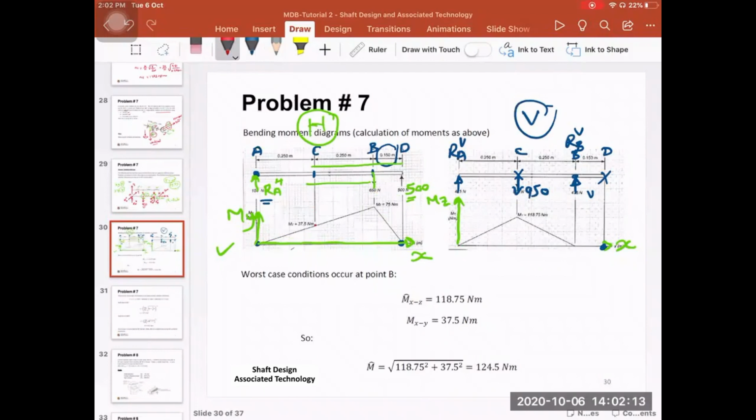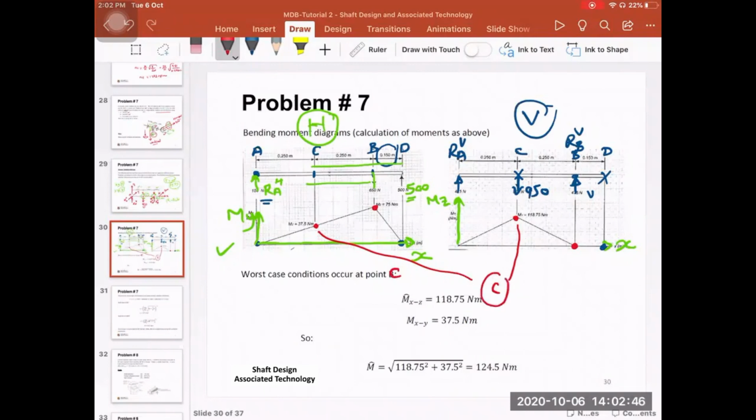At this point and the corresponding point, we have two moments, one in the vertical direction, one in the horizontal direction. But at this point, we have one moment in the horizontal direction, but the moment in the vertical direction is equal to 0. So it just means that point C for us is the critical point, because when you add these two together, it becomes the critical point.